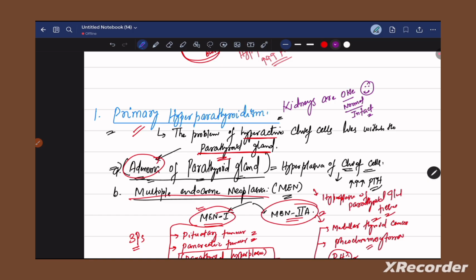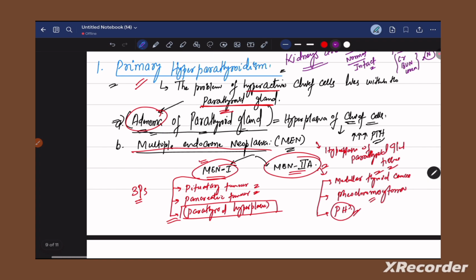There is normal GFR. All other findings like creatinine, blood urea nitrogen, and urea would be normal. Means neither is there AKI, acute kidney injury, nor chronic renal disease or CKD. So here remember, kidneys are normal.